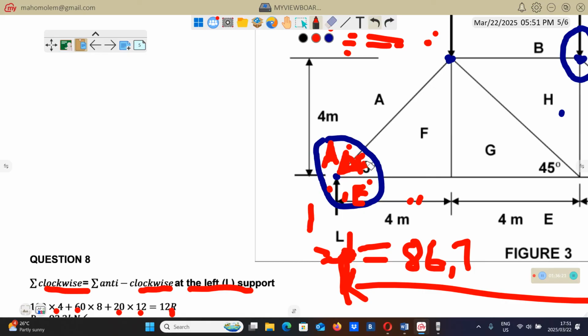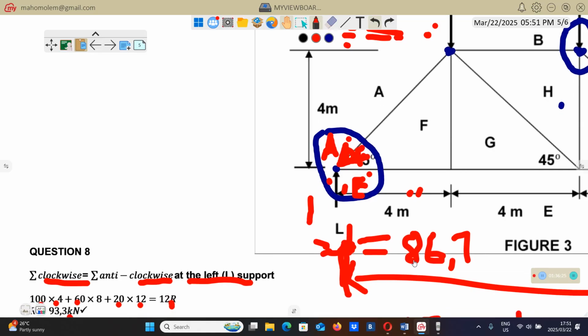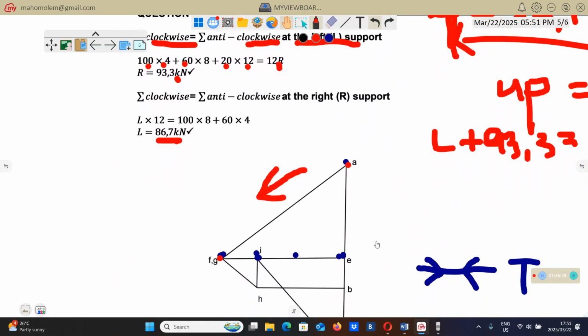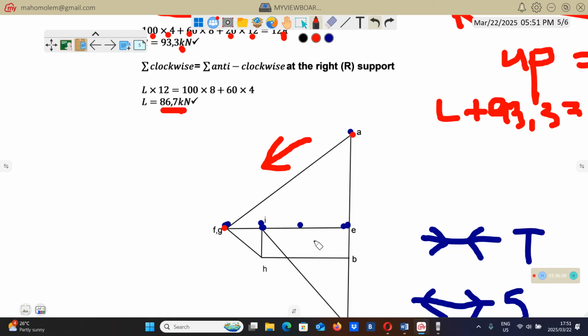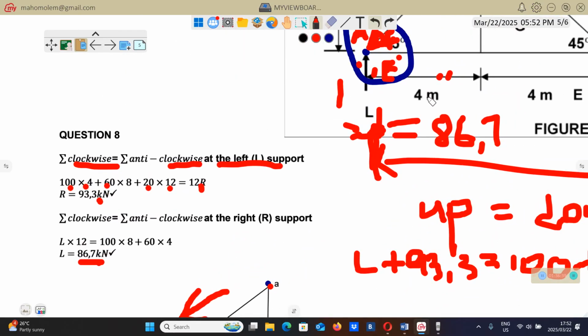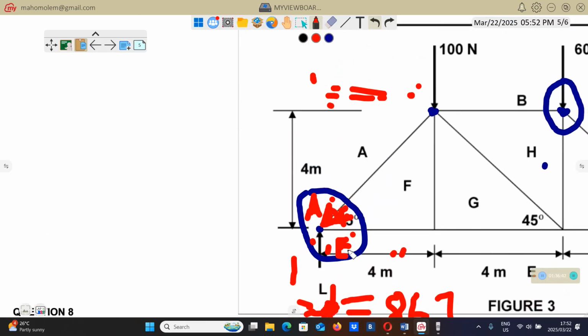You come here. You move from F to E. From F to E, you come here again. You check here. When you move from F to E, you will be moving in that direction. So you'll come here, from F to E, you will draw a line, you will draw direction in that way.